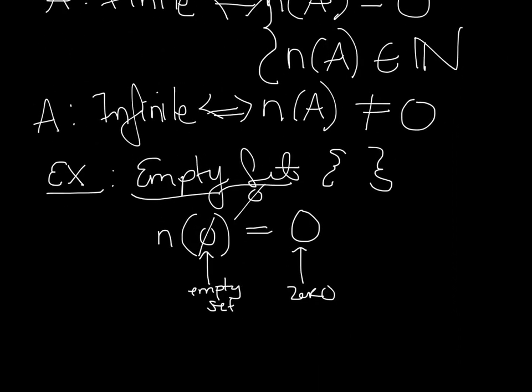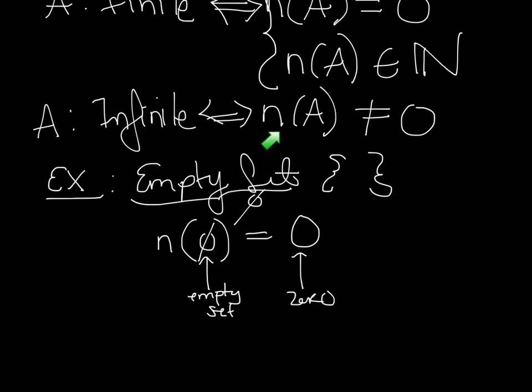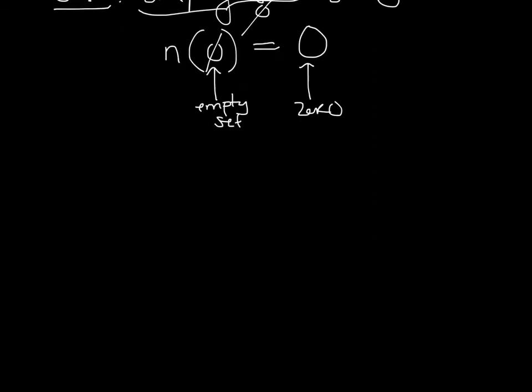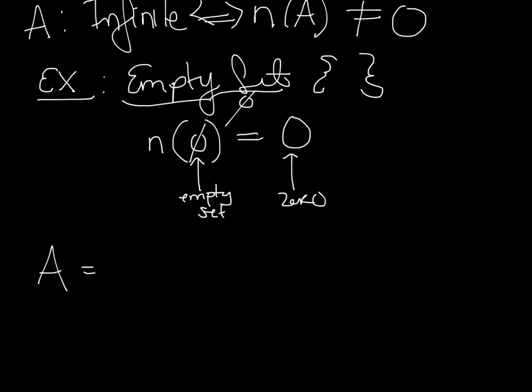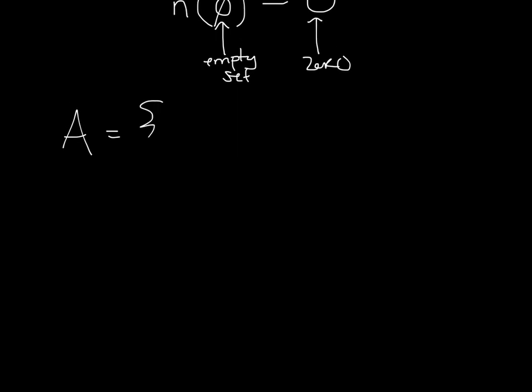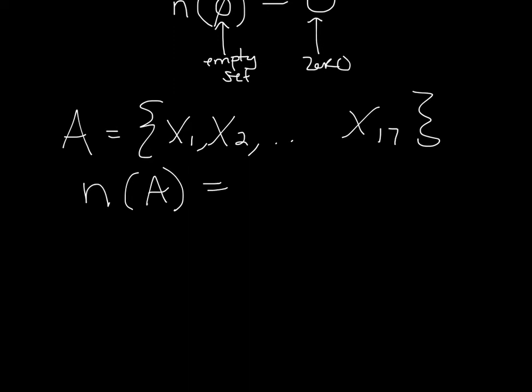Okay, what if, well, we've talked about this before. I just haven't called it finite or infinite. So our class, if I call it A, which is not the same A, if I refer to a different A. Our class, there was X1, X2, there's 17 students in our class. The cardinality of A, there's 17 members or 17 students.